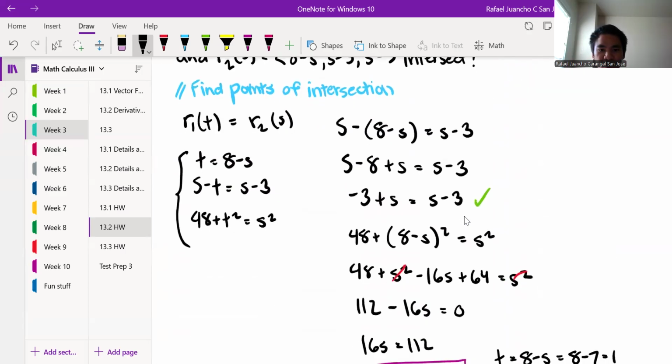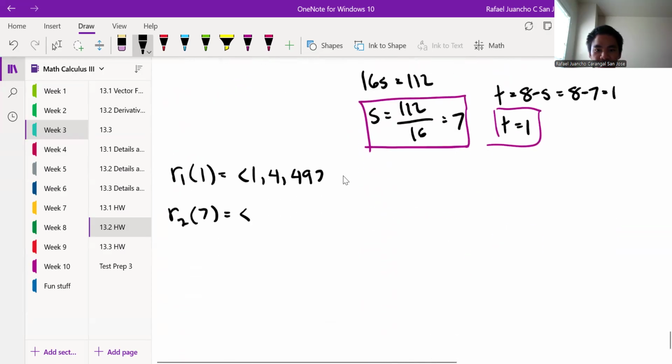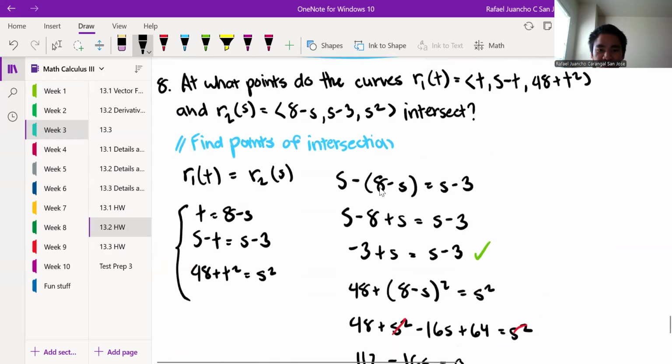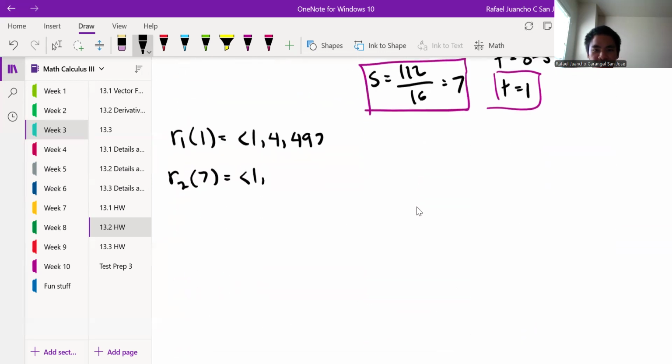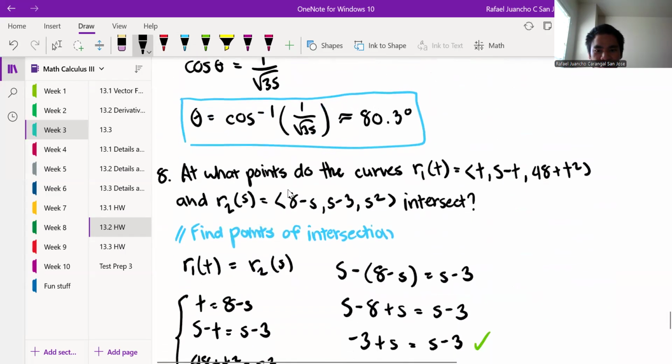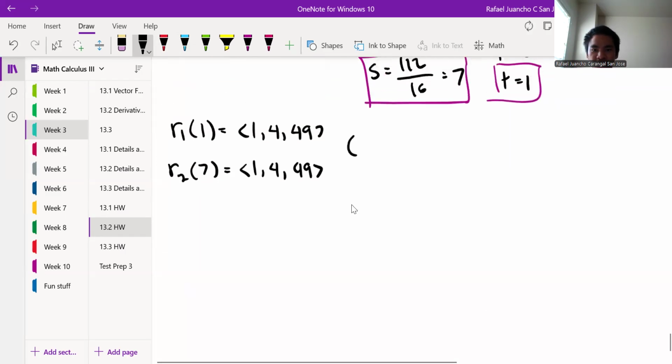So here we have 8 minus 7, so that's 1. 8 minus s, so 8 minus 7, that's 1. 7 minus 3, so that's 4. And 7 squared, 49. So yeah, they give the same point. So the point where they intersect is (1, 4, 49).